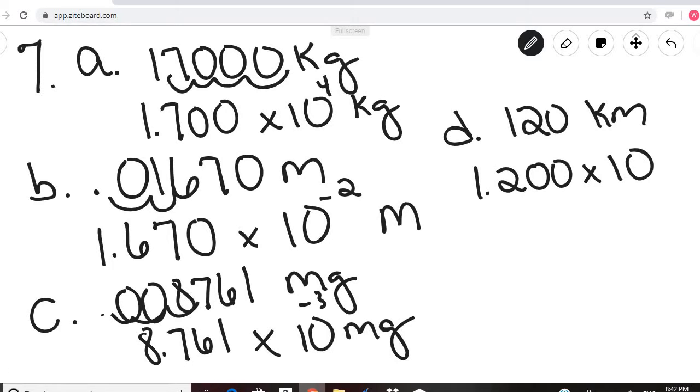Okay, so our decimal place is here. It's going to go 1, 2 places. And if we moved it to the left, it would be 10 squared kilometers. 1.200 times 10 squared kilometers.